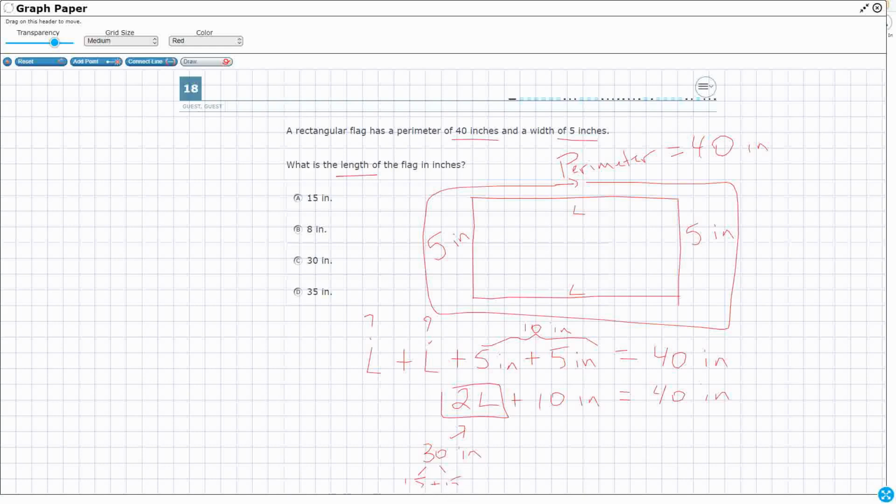So I'm wondering, does 15 and 15 and 5 and 5, because those are my two widths right there, actually make my 40? That's 5, 10, 15, 20, 2, 3, 4. Yeah, so that's going to work for me. So it looks like it might work for that 15.